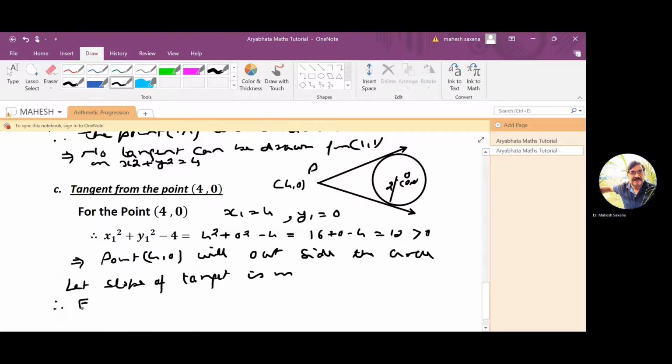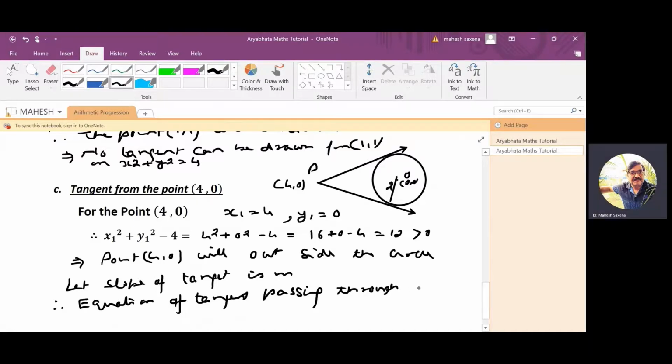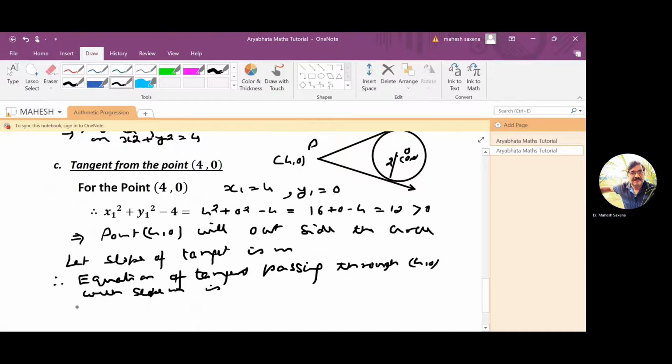Therefore, equation of tangent passing through 4, 0 with slope m is y minus 0 is equal to m times x minus 4.